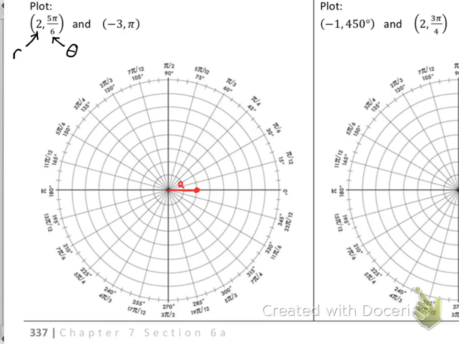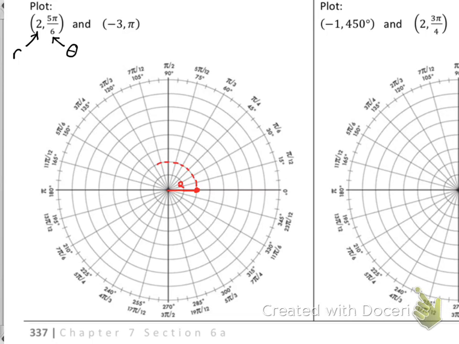Now we're going to rotate that point 5 pi over 6. And so we just have to find 5 pi over 6. It's right here. So we're going to rotate this point along that second tick mark until I get to 5 pi over 6, and my point is going to end up right there. This line doesn't actually exist.